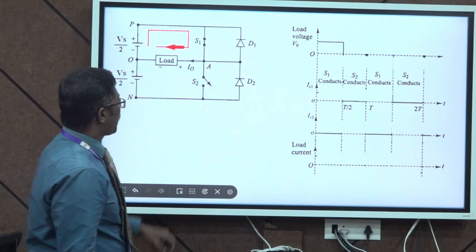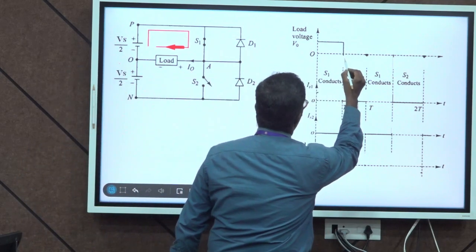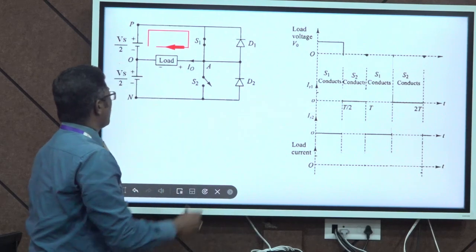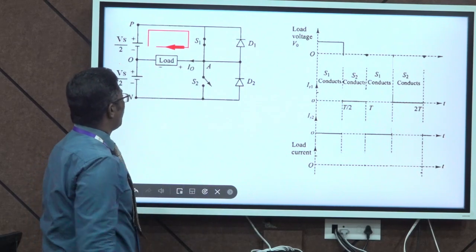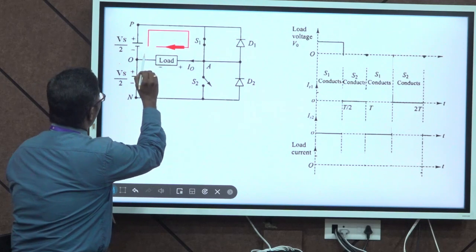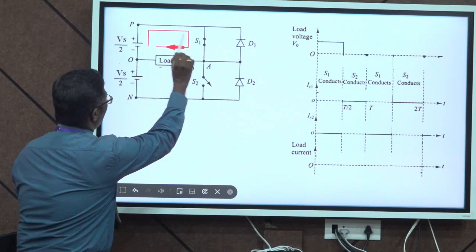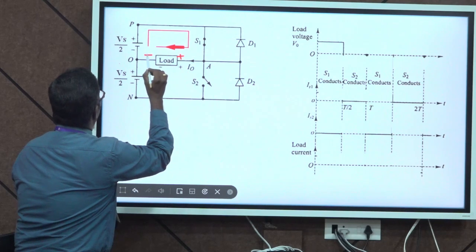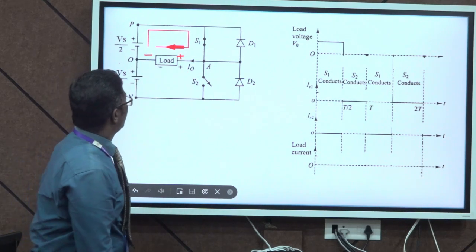During the time period 0 to T by 2, the switch S1 is turned on whereas S2 is turned off. So, the current flows from the positive terminal of the battery to the switch, then to the load, and then to the negative terminal of the battery.